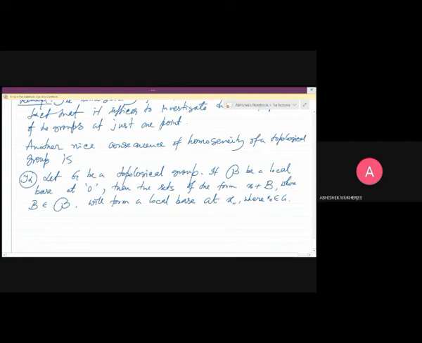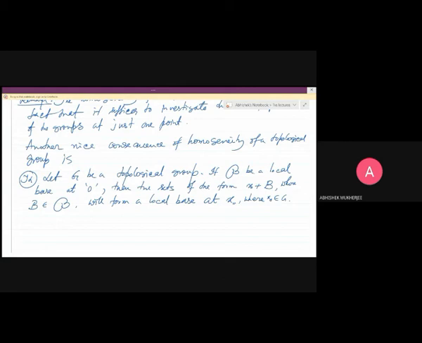And the converse is also true. That means if you consider any local base around x naught, then translate those neighborhoods to 0 by means of the map minus x naught plus b, where b is sitting inside the local base around x naught. Then they will form a local base at 0.